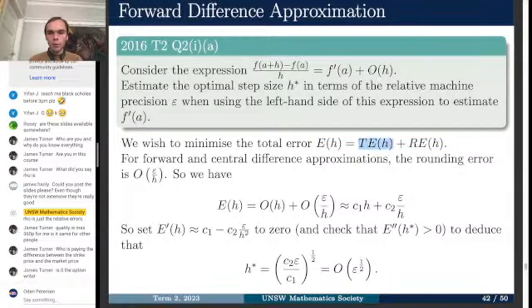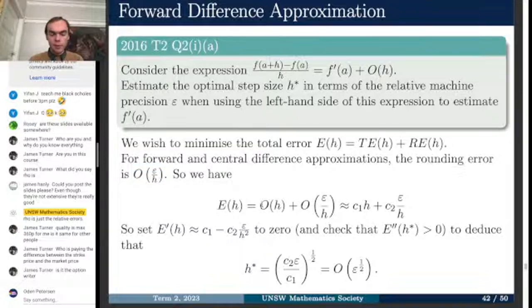So this truncation error is just this. And hopefully if h is fairly small, this truncation error will be fairly small because it's just on the order of a linear term in h. And then this rounding error, there's this fact which was discussed in the lectures a little bit more, when we're using a forward difference approximation or a central difference approximation to the first derivative, this rounding error turns out to be just on the order of the machine epsilon divided by the step size.